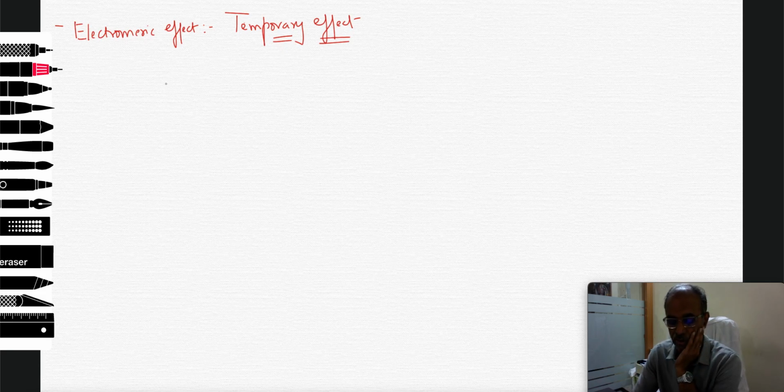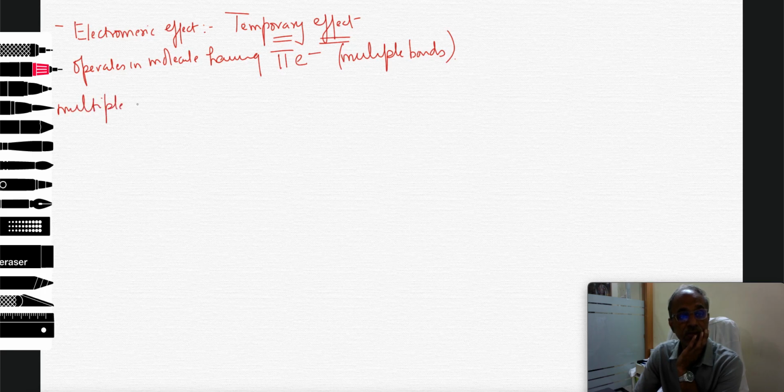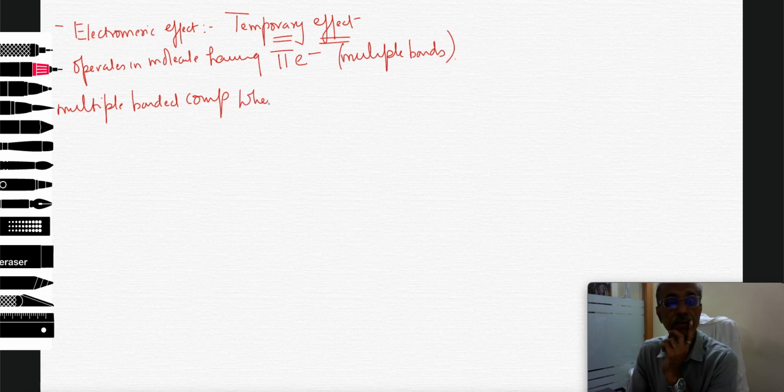It operates in molecules having pi electrons, that is multiple bonds, or you can say multiple bonded compounds, when attacked by a nucleophile and electrophiles.